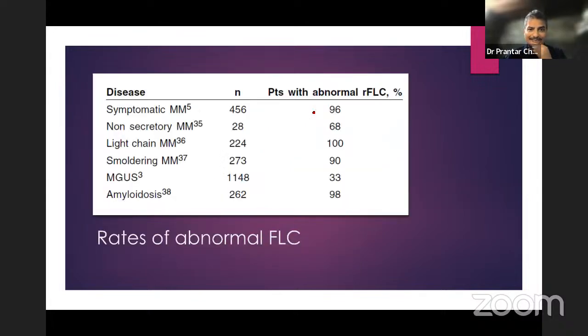Remember this much. The percentage with abnormal is 100% in light chain myeloma, which might not be picked up on just an electrophoresis, 96% for symptomatic myeloma, and even in amyloidosis, it is 98%. But it is low in monoclonal gammopathy of undetermined significance.